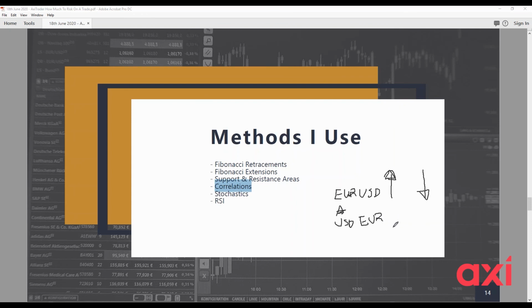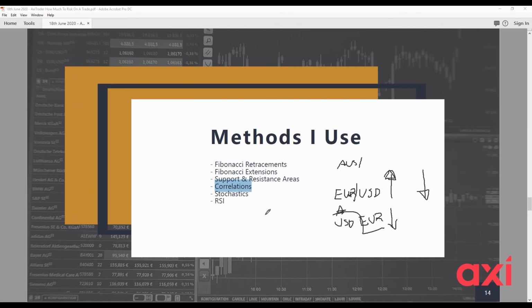You are not wrong, but that's just flipping it around, man. That's cheating, right? And no, it might not be any currency pair that is quoted against USD, because Aussie dollar might still go up.